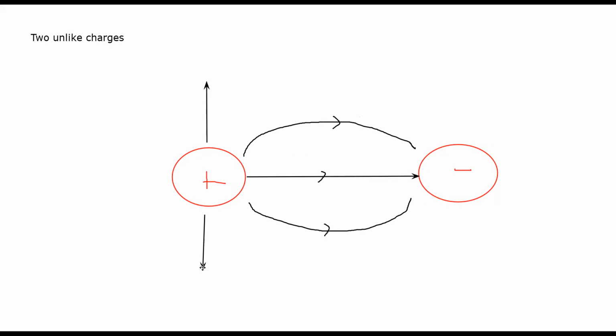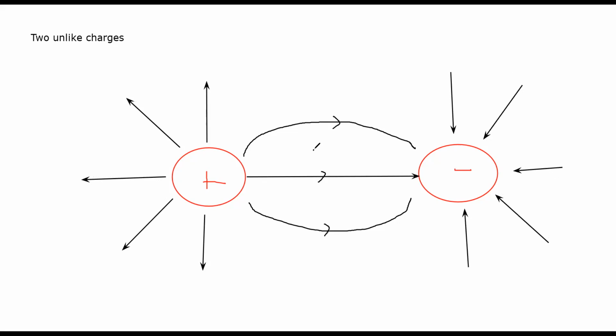So if I place a positive charge, the direction in which that positive charge will move is known as the direction of the electric field. If I place a positive charge close to the negative, it will move towards the negative.